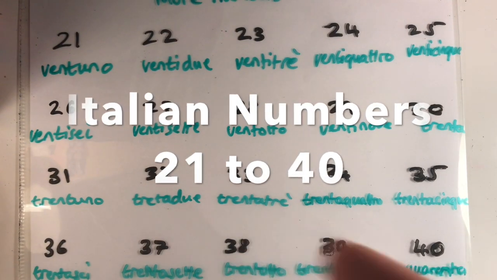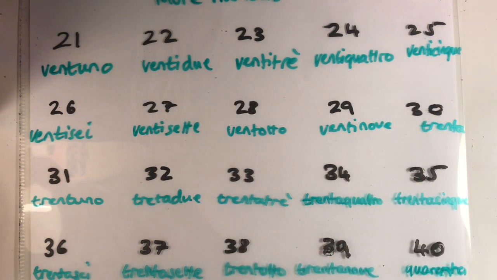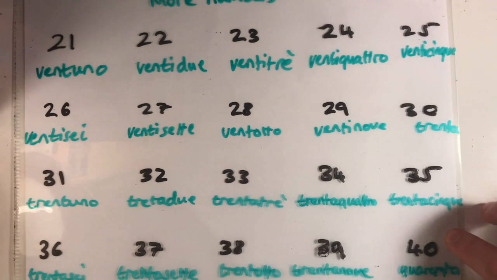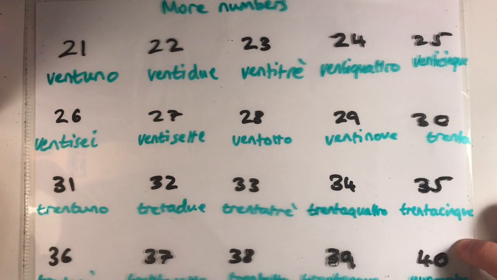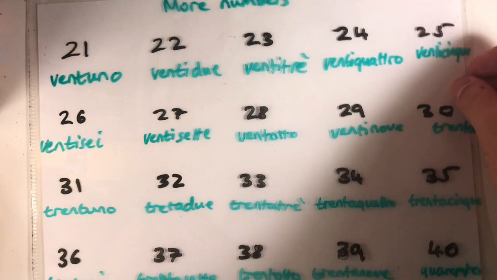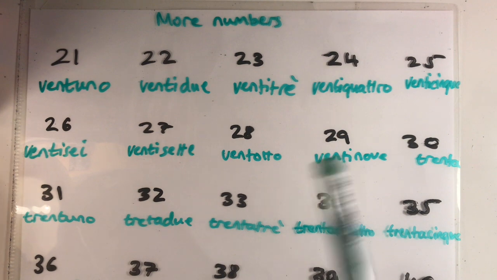Right, so we looked at number 1 to number 20. So let's just go over 21 to 40. Just 20 up, let's go. Number 21 is 21. Number 22 is 22. Number 23, number 24.